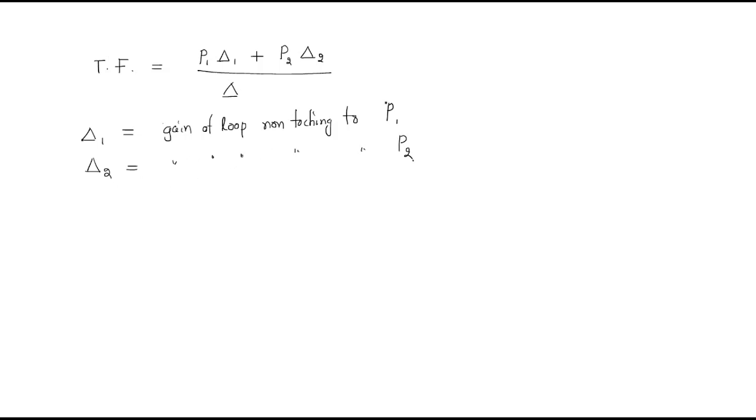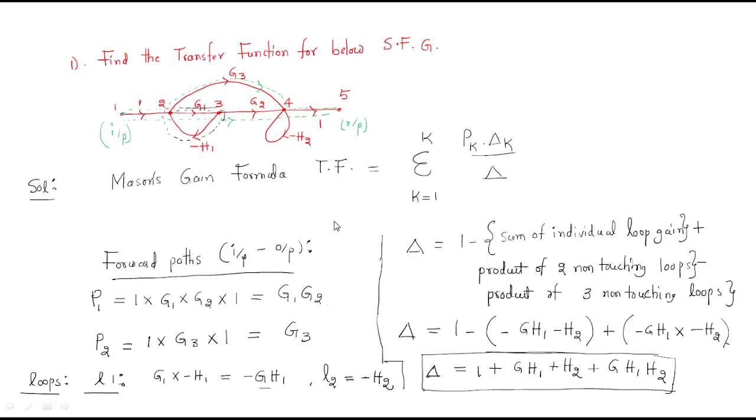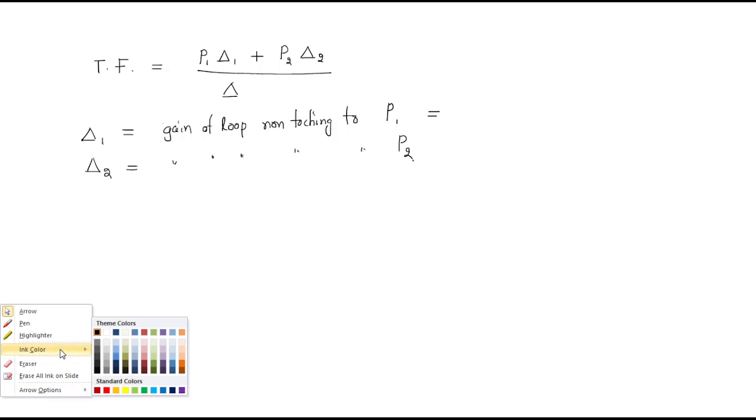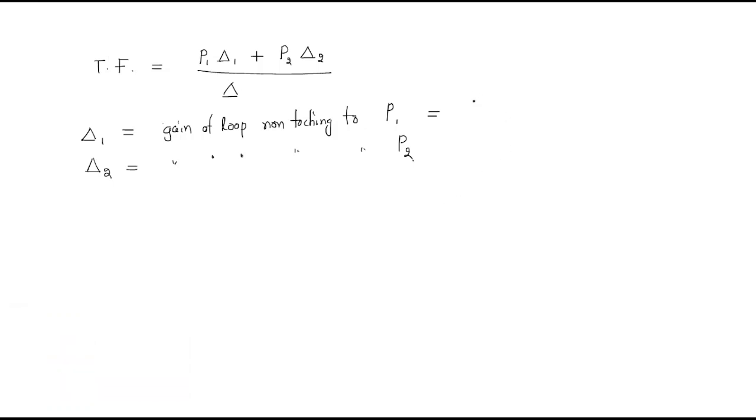If you observe P1, this loop is touching and this loop is touching, so there is nothing to subtract. That's why we write 1 minus 0, so del 1 becomes 1.